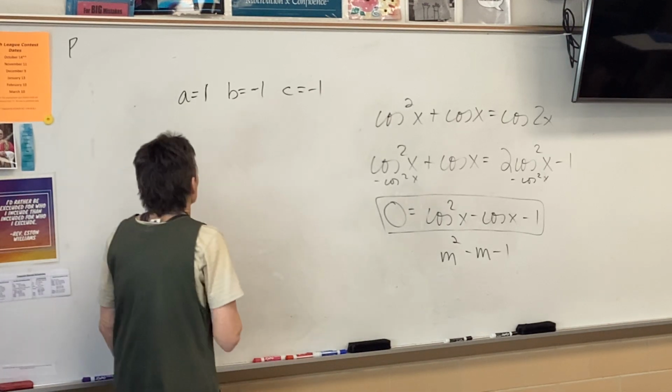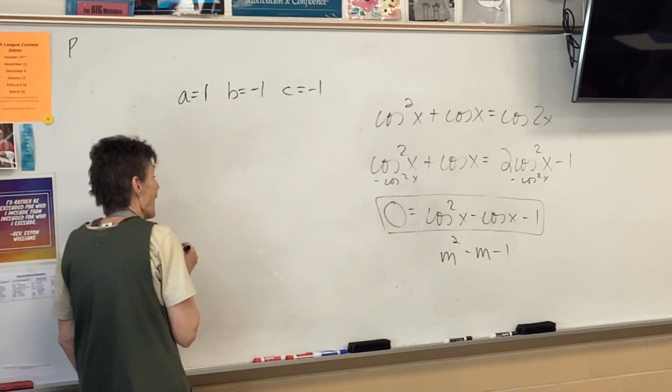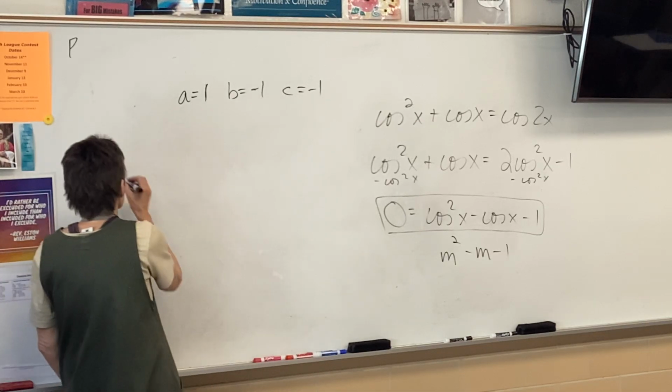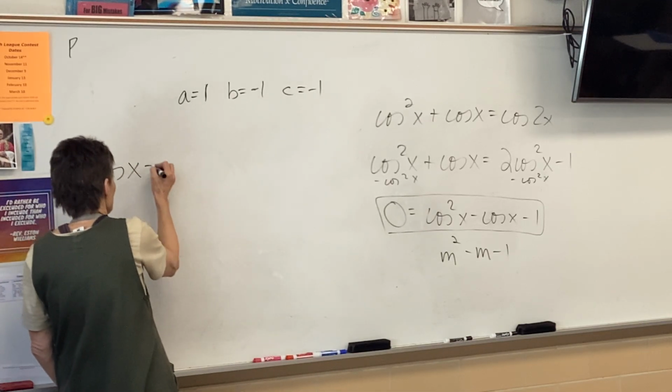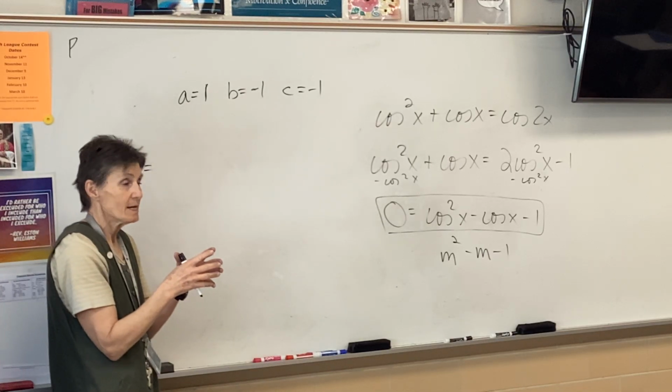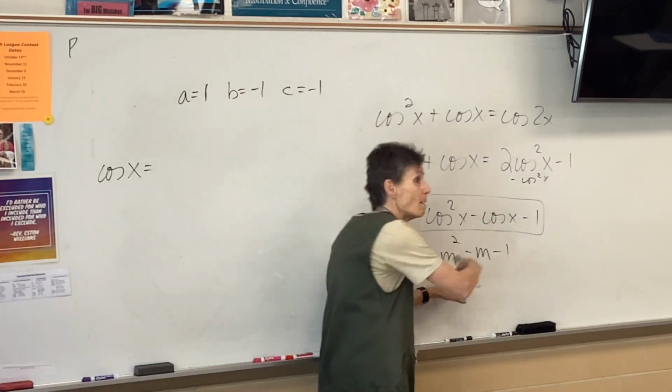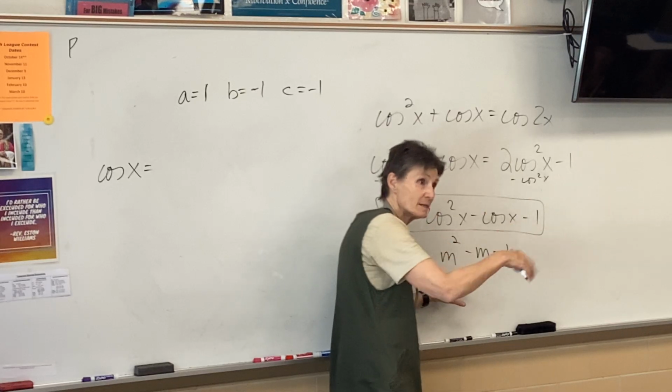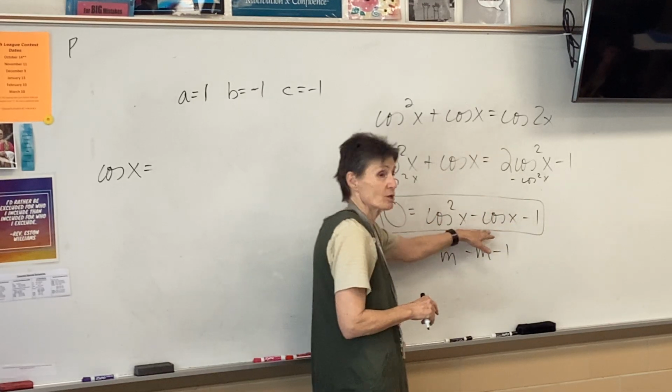Okay. All right, so here we go. Our variable is cosine x, so we are solving for cosine x. In a regular one like this, we would say m equals negative b, da, da, da. Well, our variable is cosine.